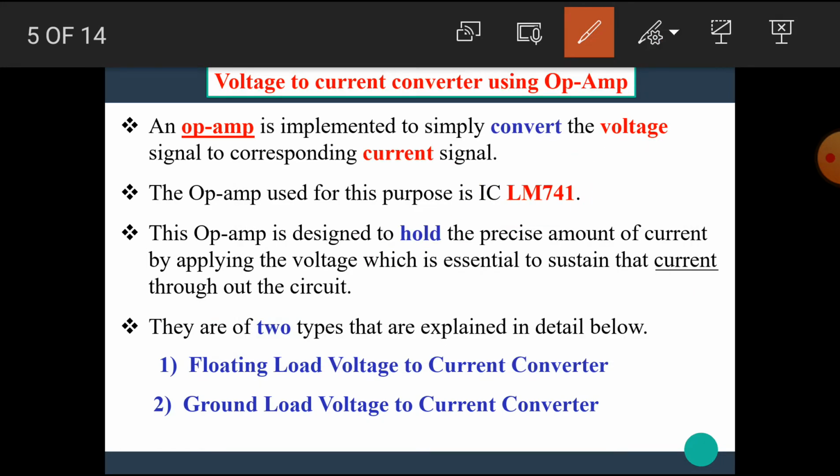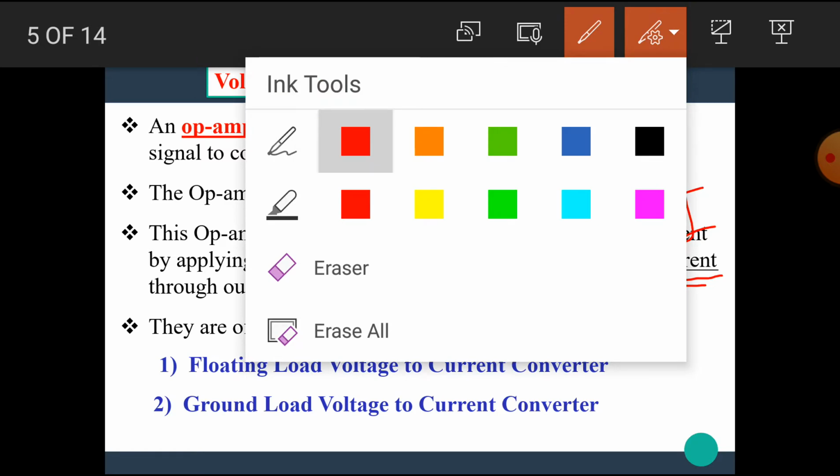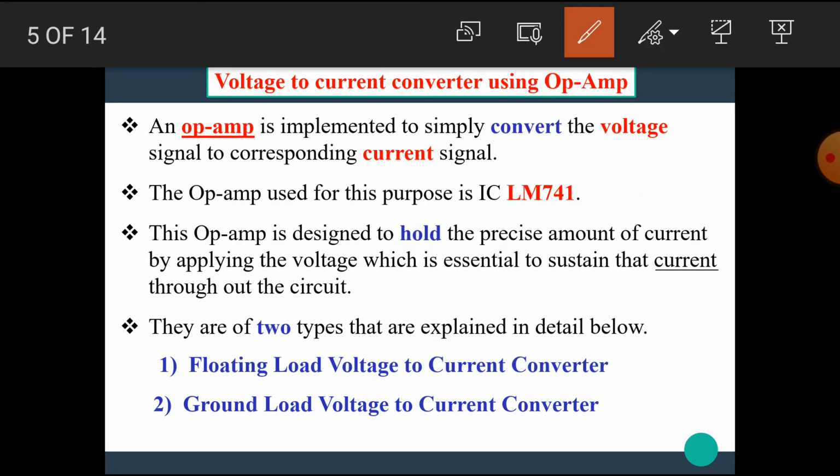That means to the IC741 we can apply voltage at any terminal, inverting or non-inverting, and at the output side we get its proportional current. Okay, I hope you all understand the basic operation of this op-amp.